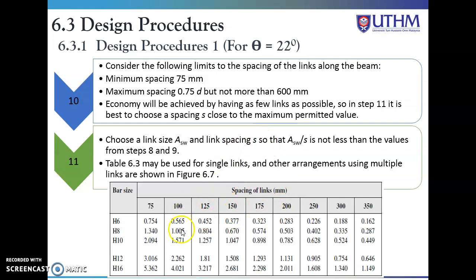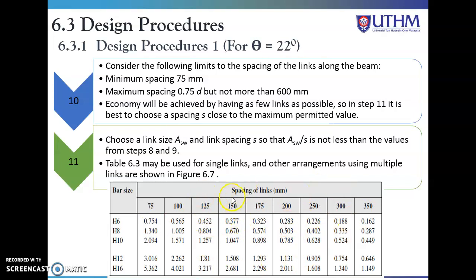Okay, so by using this table. So maksudnya dekat sini, ini adalah dia punya spacing, ini adalah dia punya bar size, dan ini adalah area of the shear link divided by the S. Okay, ASW over S. So this is the value. So we need to refer to this figure.